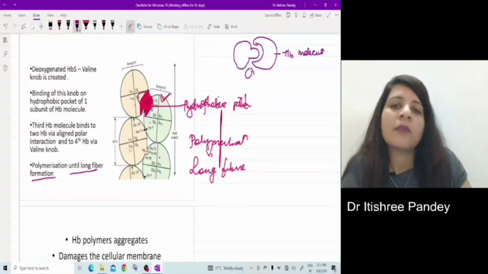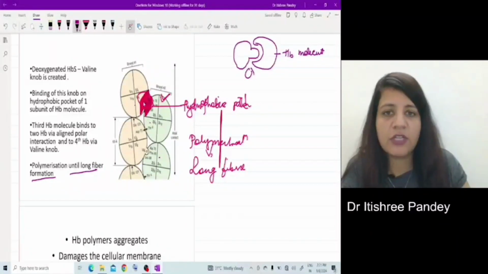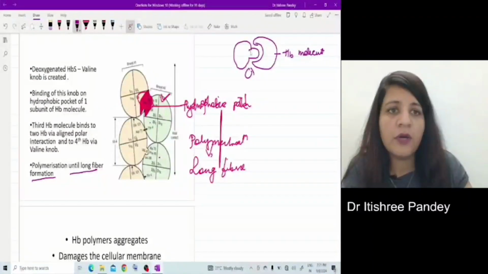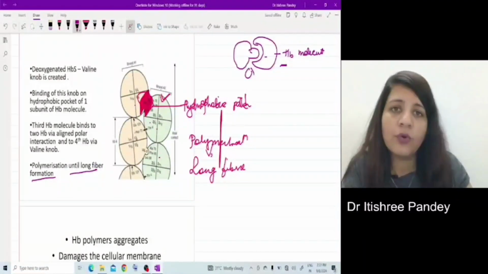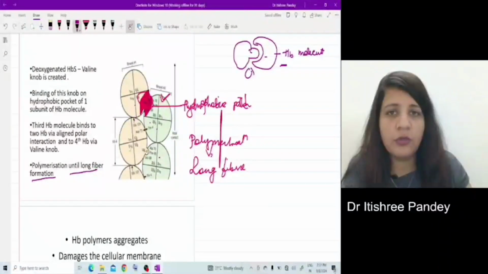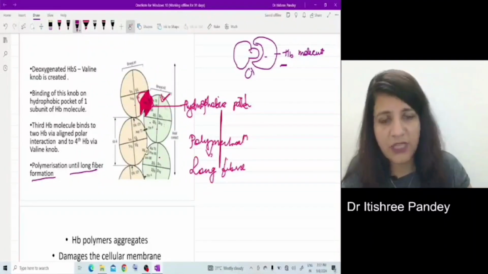Okay, I repeat, in the deoxygenated state a Valine knob is created, and this Valine knob gets attached to the hemoglobin molecule, to the pocket which is hydrophobic in nature, of the adjacent hemoglobin molecule, and then with this attachment at 45 degree, the third and the fourth hemoglobin molecule get attached, leading to long fiber formation of polymerized RBC.